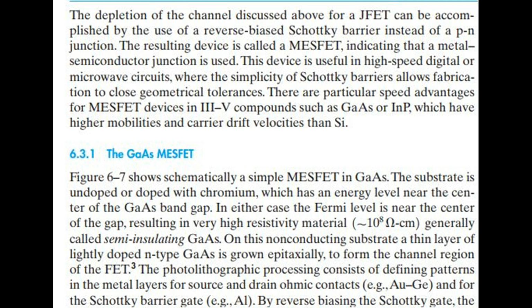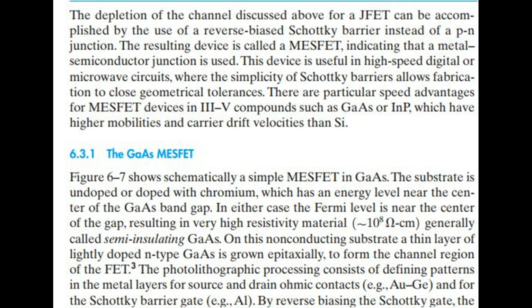On this non-conducting substrate, a thin layer of lightly doped N-type gallium arsenide is grown epitaxially, to form the channel region of the FET. The photolithographic processing consists of defining patterns in the metal layers for source and drain ohmic contacts, for example, gold germanium, and for the Schottky barrier gate, for example, aluminum.